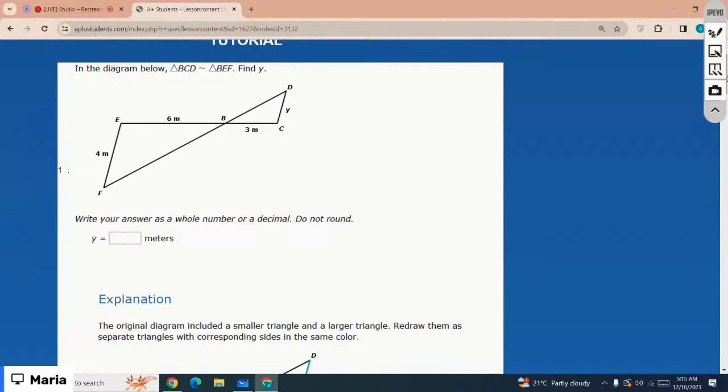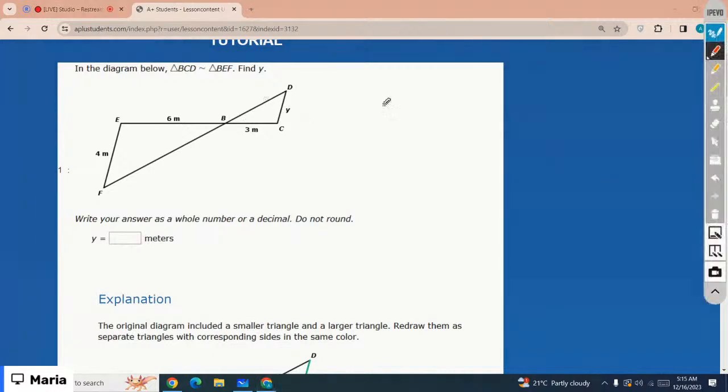Now see, for these triangles, they are similar, right? How are they similar? You need to make them look alike to see if they are similar. You need to rotate this. When you rotate this triangle, it is like this: 6 meters, 4 meters, and BEF.